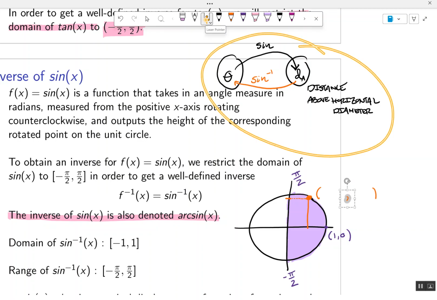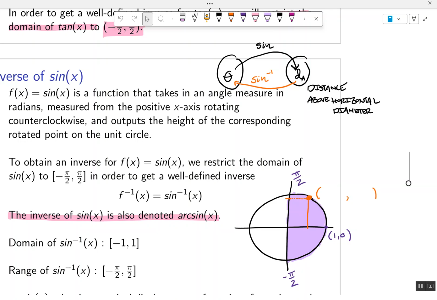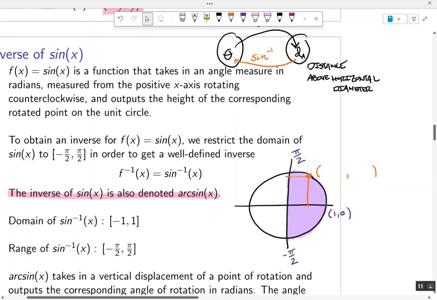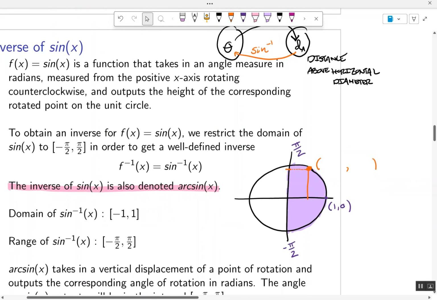Sine takes as its input an angle measure and outputs the distance above the horizontal diameter. So the inverse of sine is going to input that distance and output an angle measure. So looking at this point right here, we can give it some coordinates.